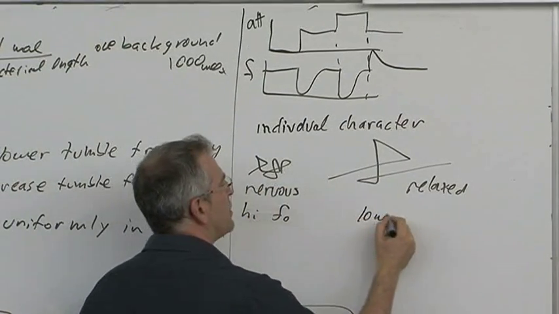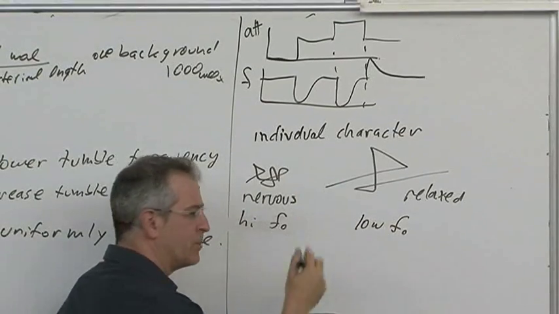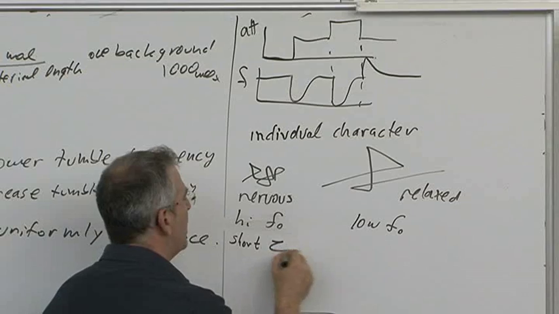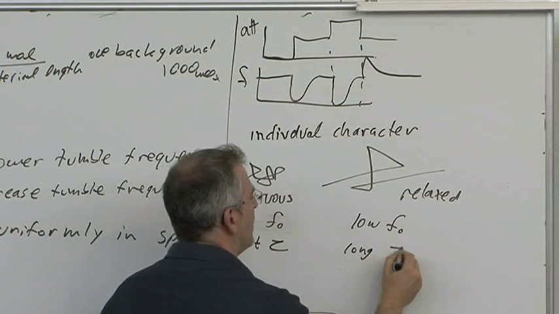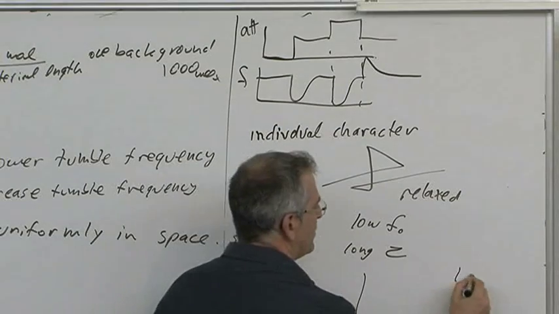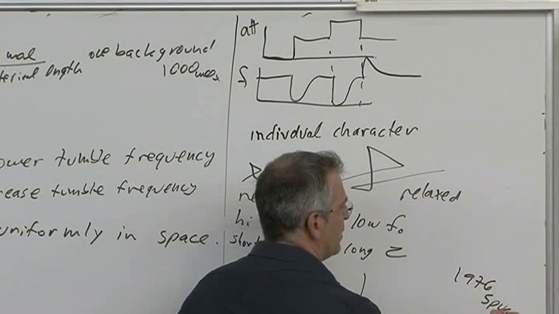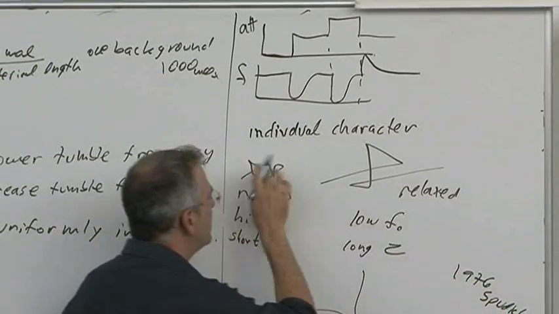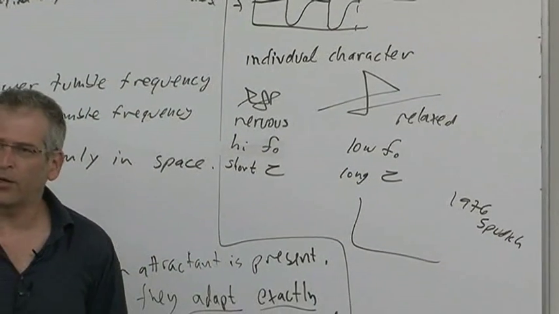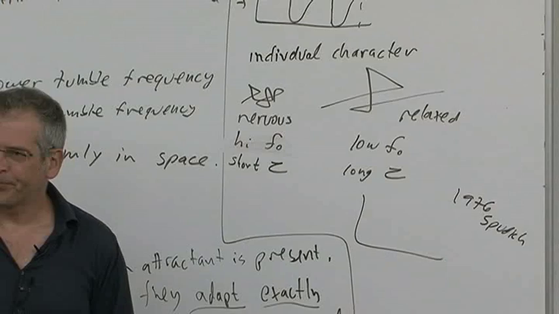These ones have low baseline tumbling frequency, so they tumble more or less per second. These ones happen to have also a short adaptation time and a long adaptation time if you add attractant. This was discovered in 1976 by Spudich and Koshland. Individuality. This character lasts for a whole cell generation. And also the daughters are a little bit correlated.